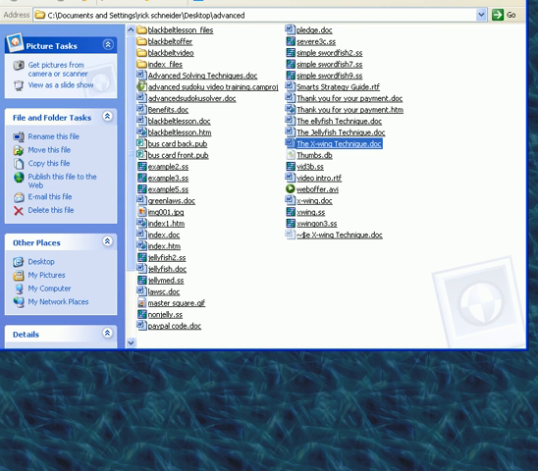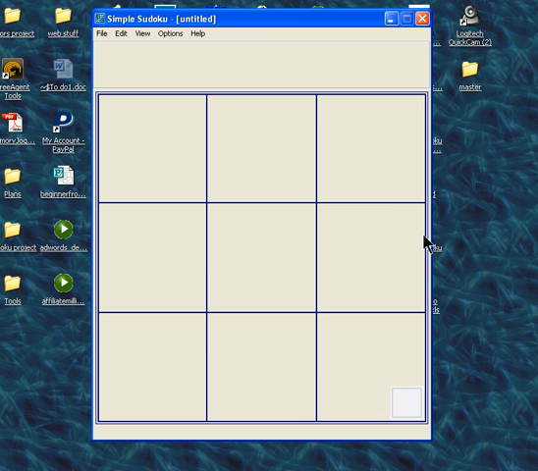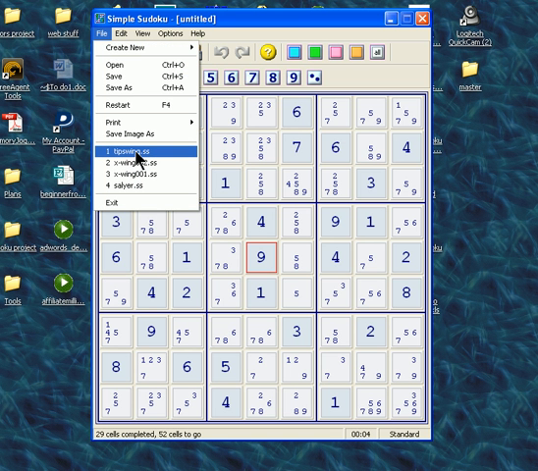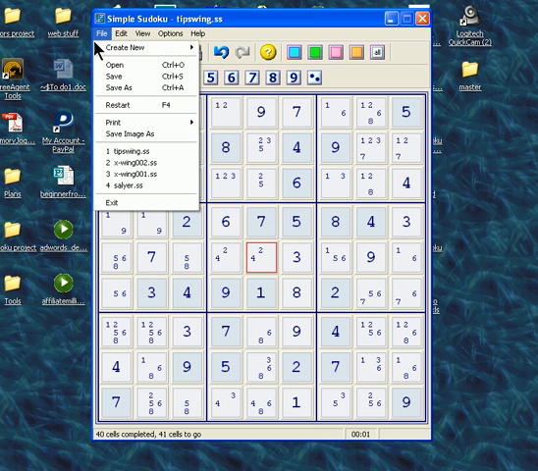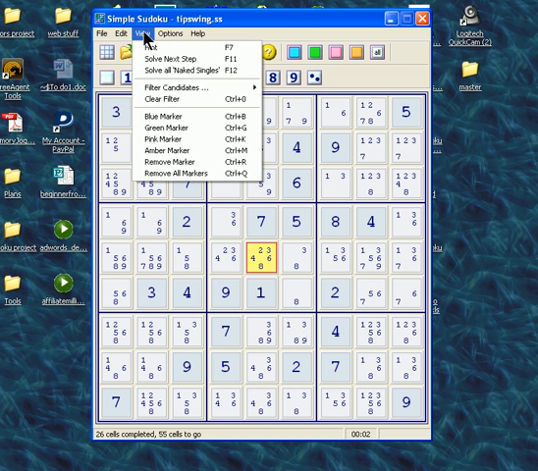Now let's take a look at an actual puzzle. Well, somehow I've managed to misplace the puzzle. So let me call one up here and we'll restart it.